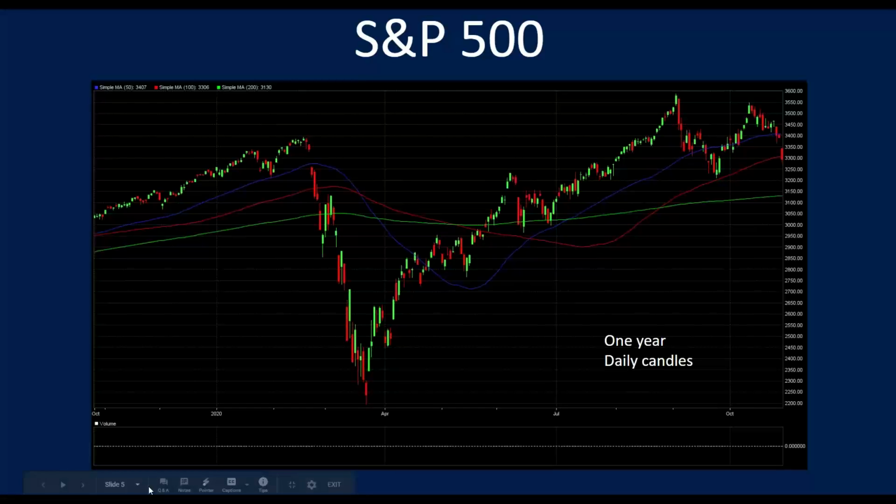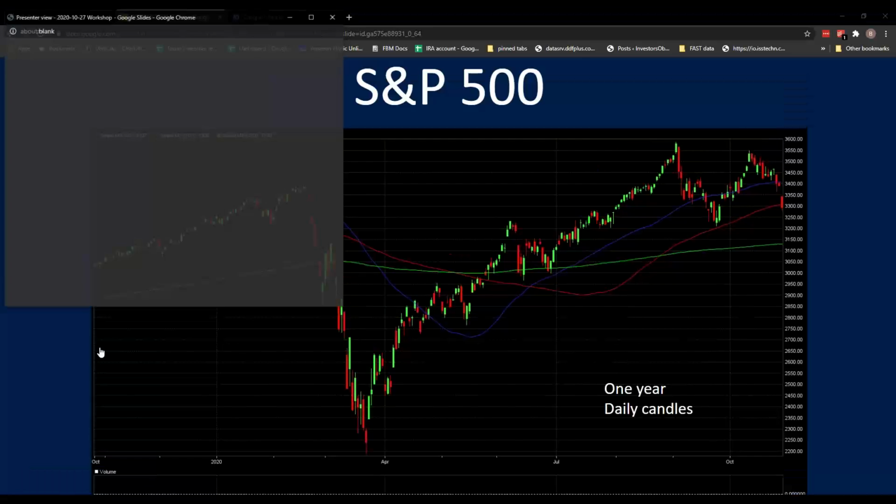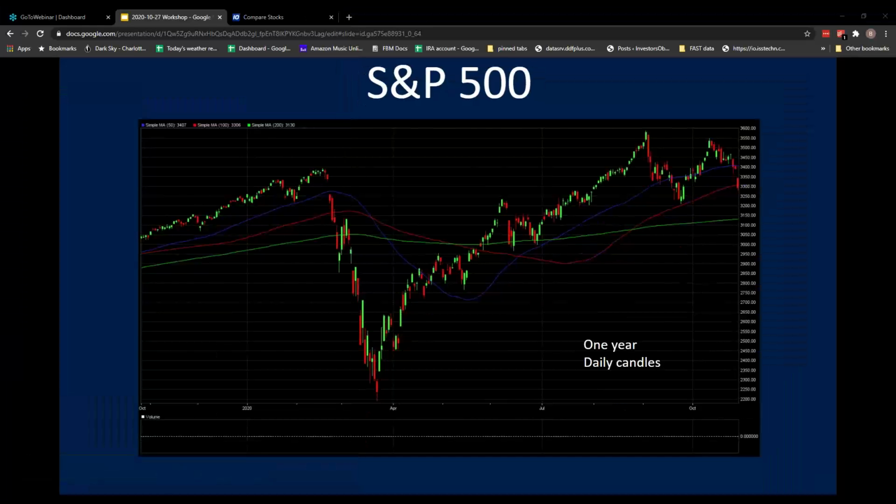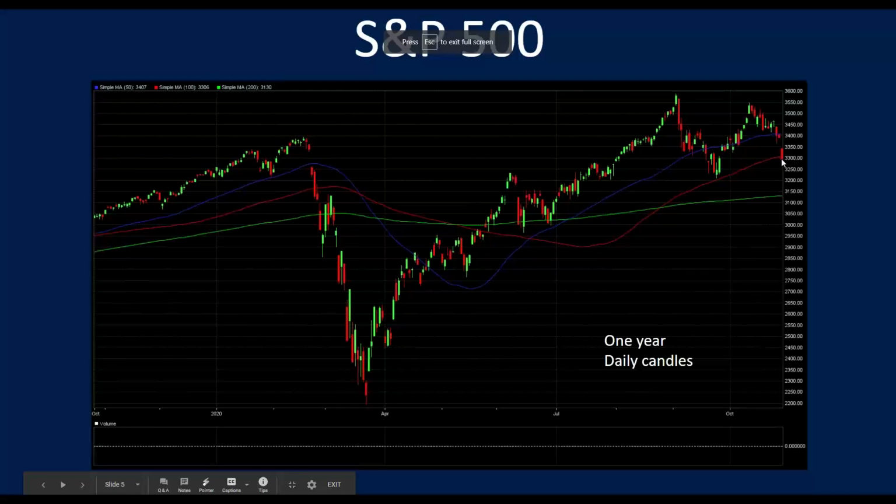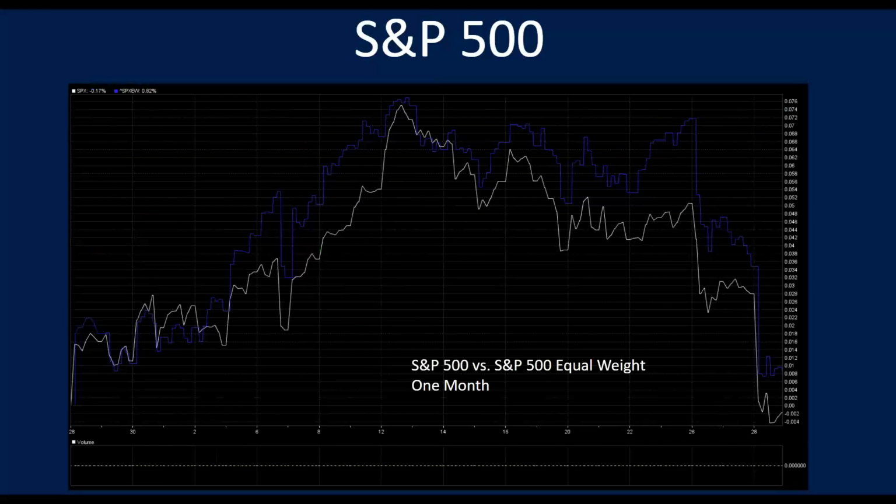The note I have to myself about this slide is that there's a question about whether or not we can stick around the 100-day moving average, and then also there has been some support in the past around 3280, which is hard to see on this chart, but we closed well below the 100-day and below 3280 also. So we'll see where it opens up tomorrow, but that's kind of interesting.